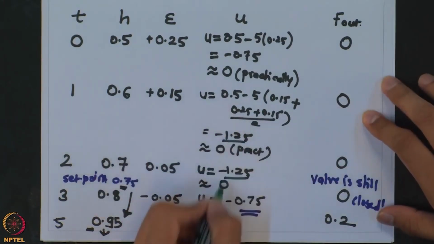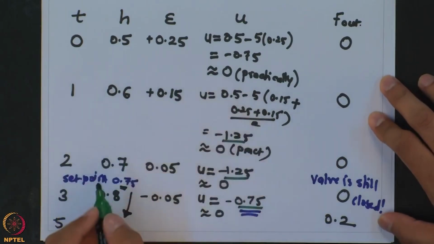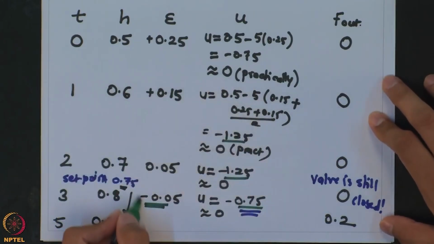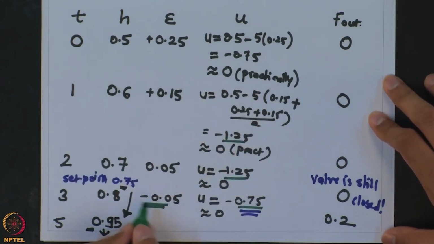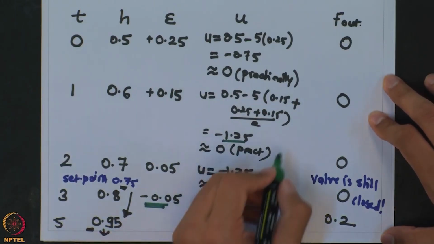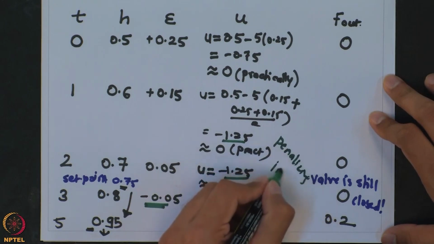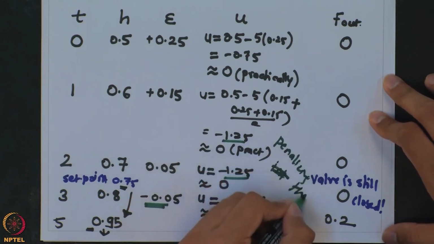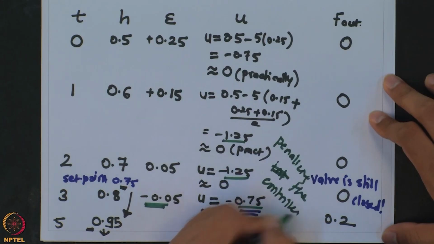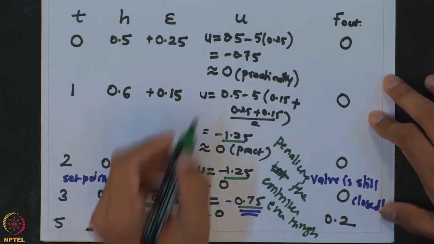So, all these high negative numbers we are getting, even for the error which is positive, which is correct, and negative error is penalizing the controller, even though it is doing the maximum it can.